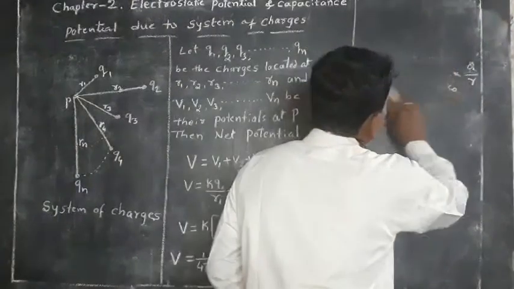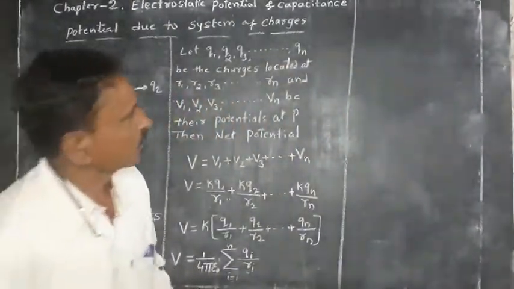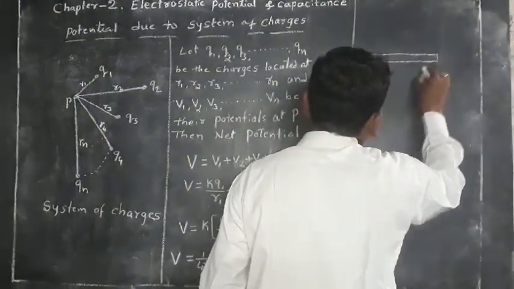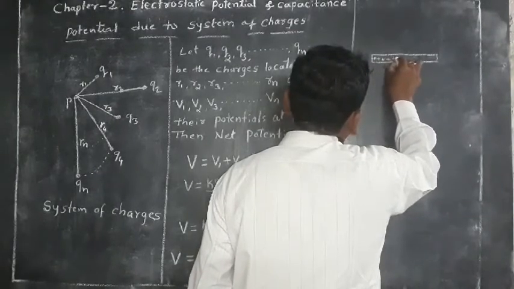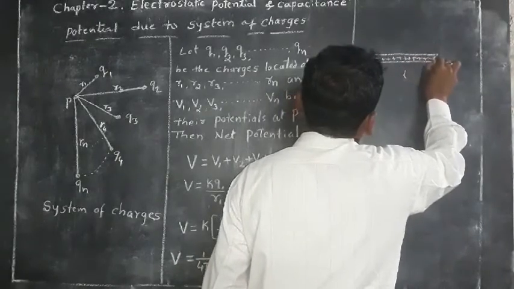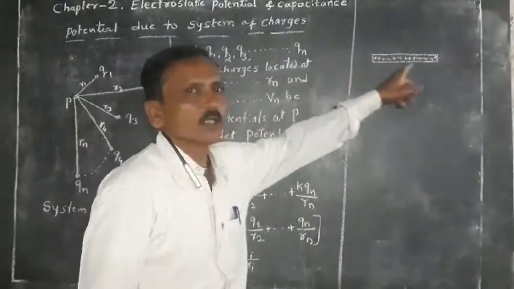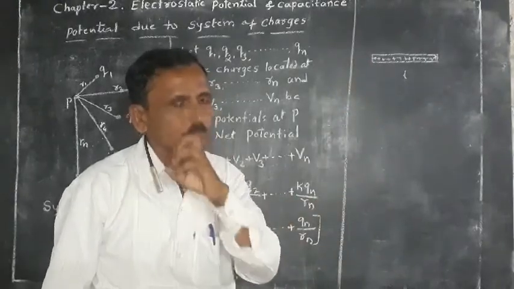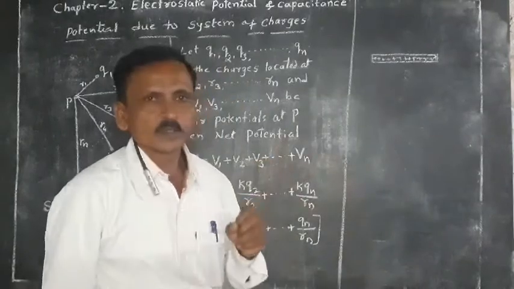And if we have a surface of continuous charge, that means consider a conductor of length L, and charge is continuously distributed on this surface, then it is very difficult to specify the position of each and every charge. In such cases, we consider the property of charge density.